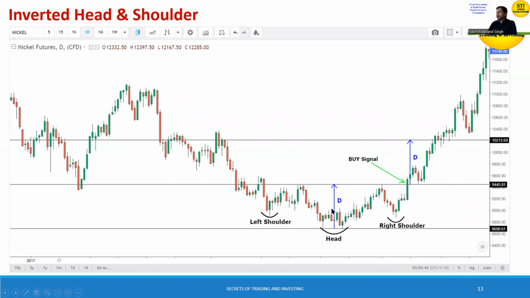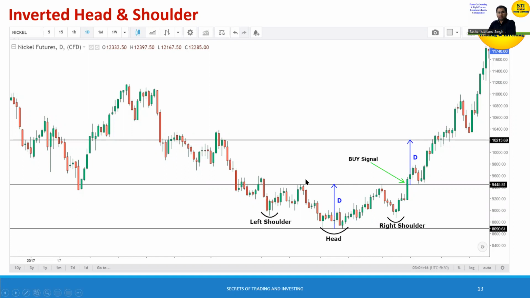In the inverted head and shoulder, there will be a bottommost point that is treated as the head, and two other, higher lows on the left and right will be considered as the left shoulder and the right shoulder.